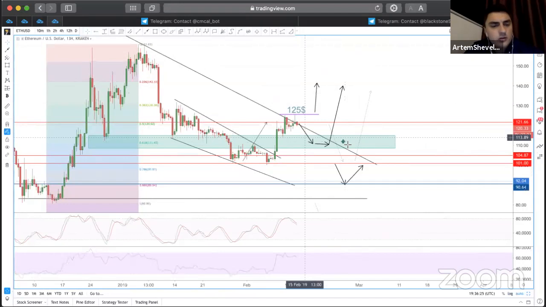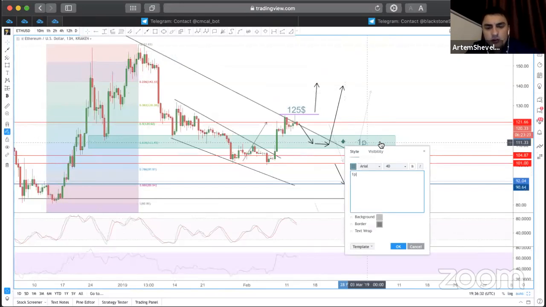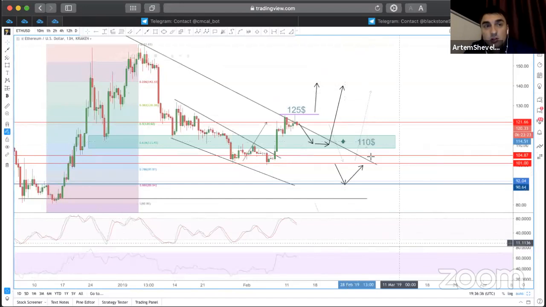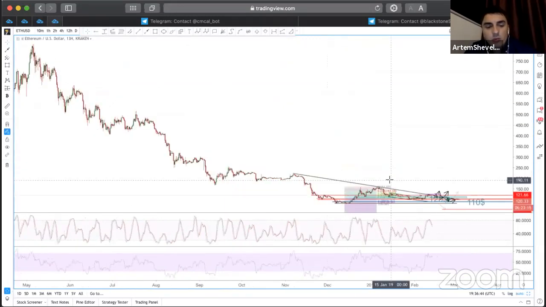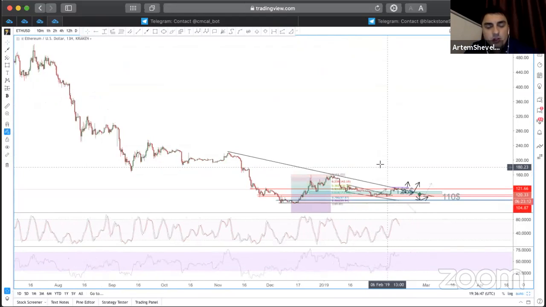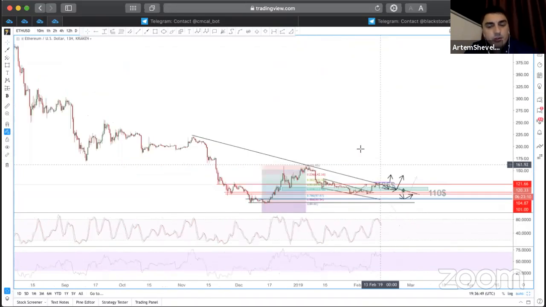Next thing you need to track is another area, 110, right? So this area is strong too. Speaking of the targets, we're probably going to revisit the area of $200.